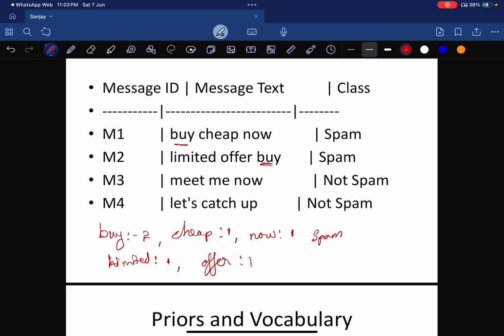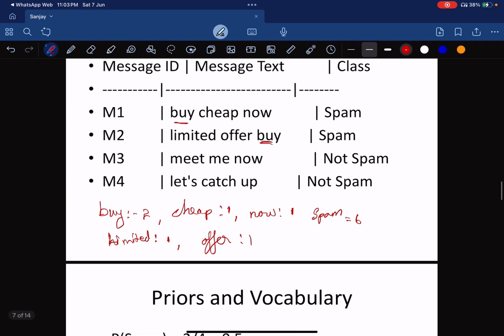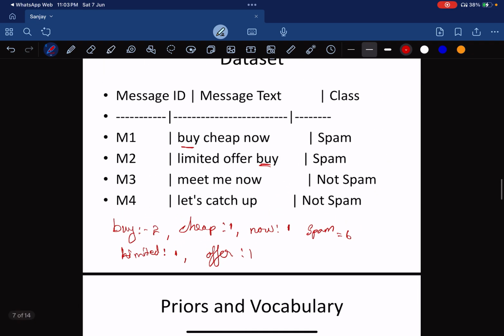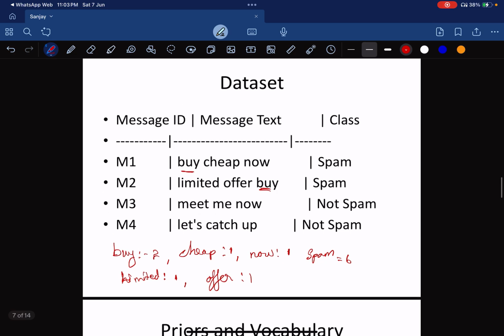So the total number of words in this class is 6, right? Similarly, we do the same for class 2, the not spam class.